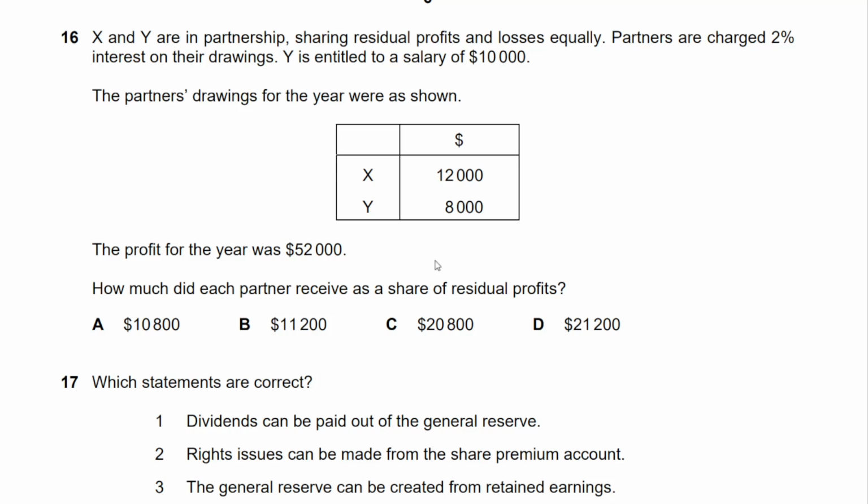Okay, let's just do that appropriation of the profit. 52,000, that's where we start.